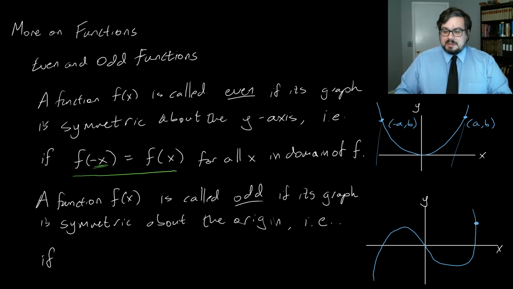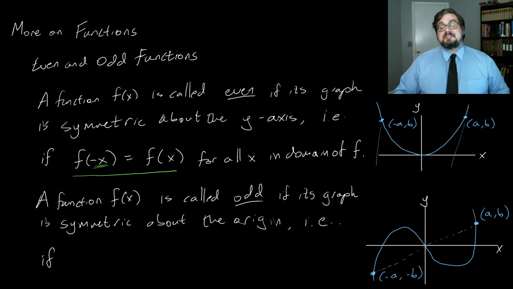And the way that we can see that in terms of the points is the following way. If the point a, b is on the graph, then the exact opposite point, the point exactly on the opposite side of that one from the origin, is the point negative a, comma, negative b.